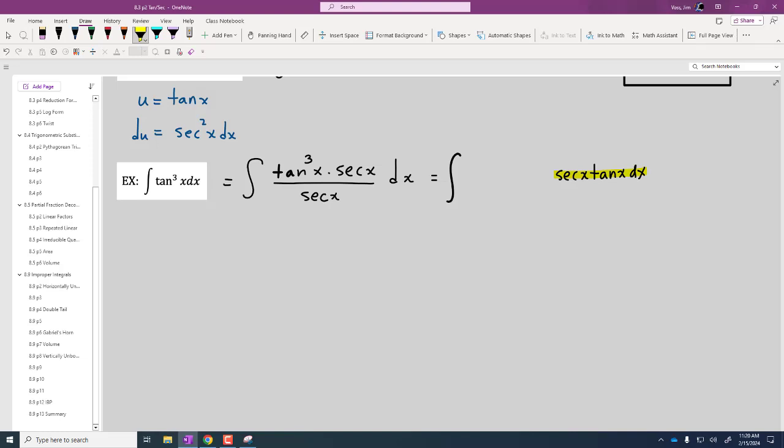And what did we say we wanted to let u equal? Secant. We want to let u equal secant because the derivative of secant is secant times tangent. So if we're going to let u be secant, what we have to keep in mind is that we've got to convert the leftover tangents. So our rule was if tangent is to an odd power, pull off sectan. So when we talk about the leftovers, we mean the leftover tangents.